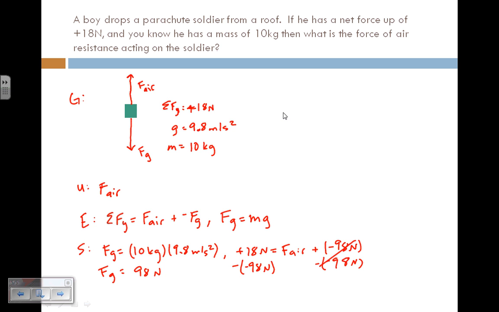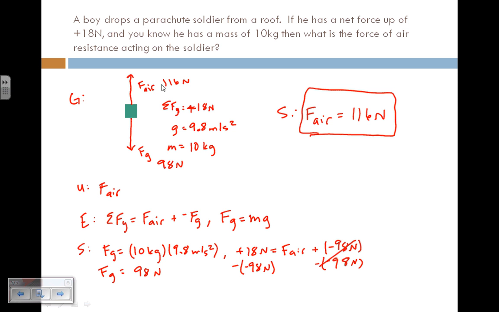It'll cancel here, and we'll get a solution where the force of air resistance is equal to, drum roll, see if you guys can get this right. By taking a positive 18 and subtracting a negative 98, you should have gotten a positive 116 newtons as the force from air resistance. So we've got 116 newtons going up, and we've got 98 newtons going down. So this parachute soldier is slowing down, so his acceleration should be going up.